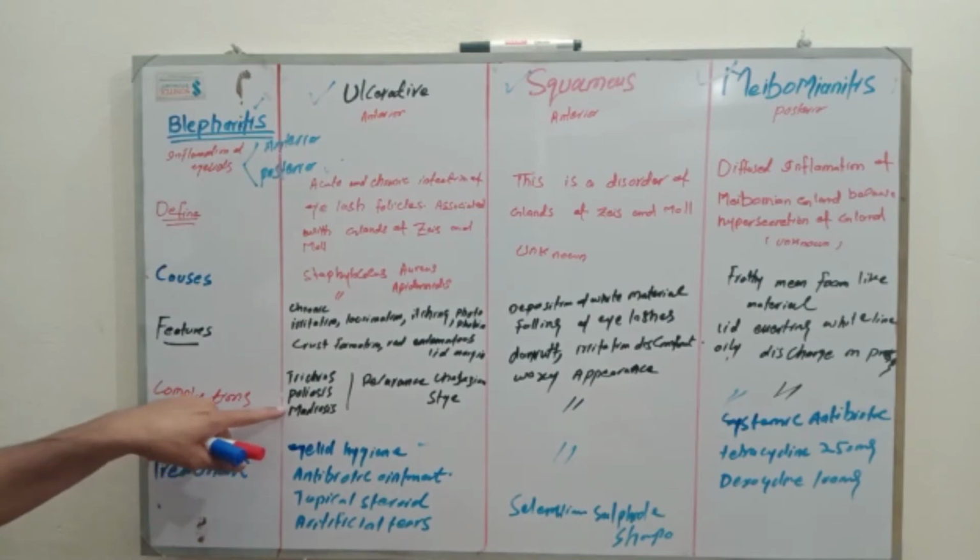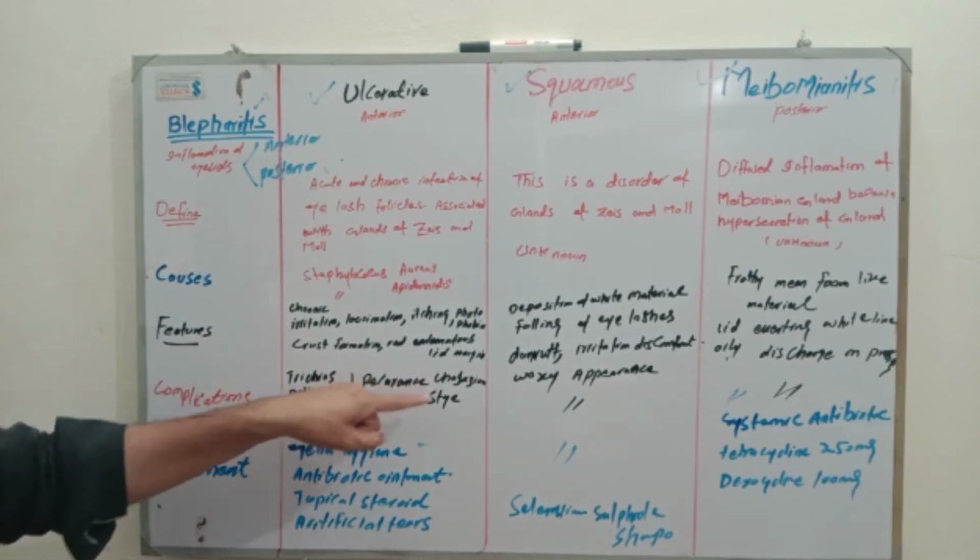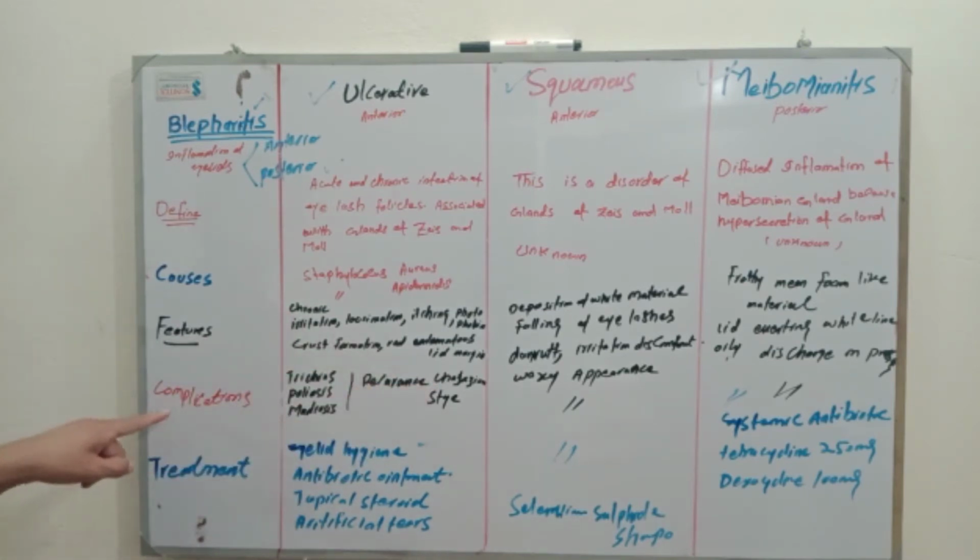The loss of eyelashes is called madarosis. Remember and listen: the loss of eyelashes is called madarosis. The loss of color of eyelashes is called poliosis. And recurrence of lesion and stye.